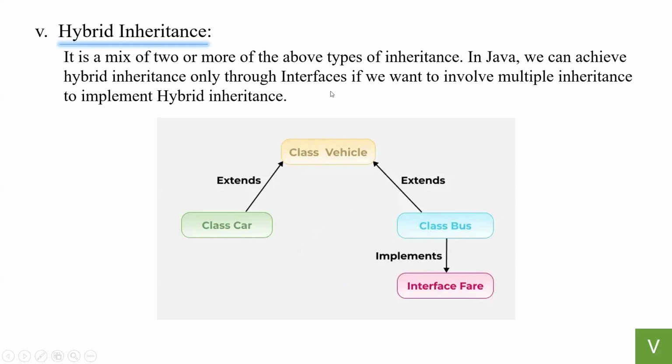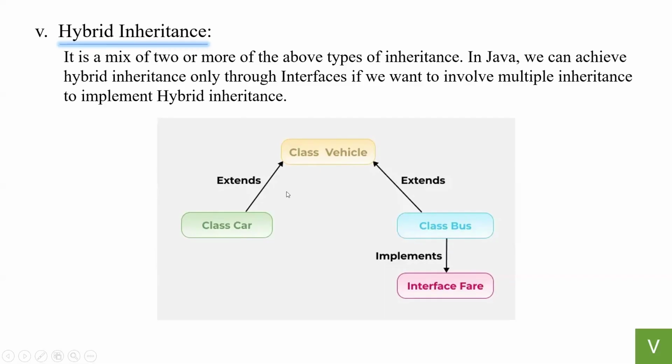In Java, we can achieve hybrid inheritance only through interfaces. If you want to implement multiple inheritance in hybrid inheritance, we must include the concept of interfaces.